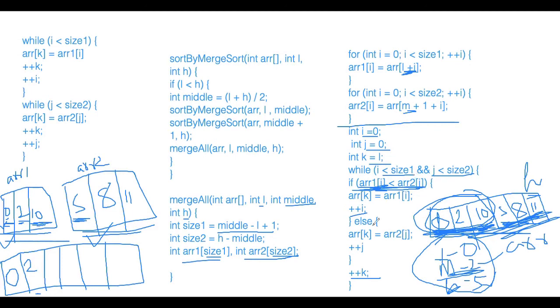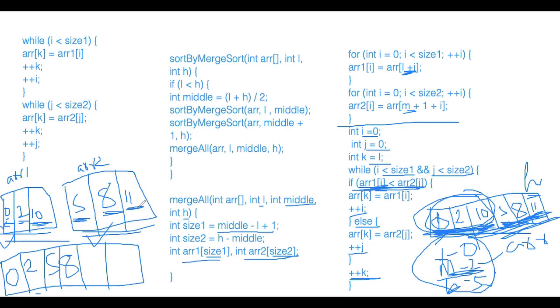Then we will go to the else part, right? So what will we do? We will add this 5 into this array, and now we will increase the pointer of j. So now j will come to 8. Here we are increasing j, and k is always getting incremented. Then again we compare 8 and 10. 8 is smaller, so we add 8 in this array and increase this pointer.